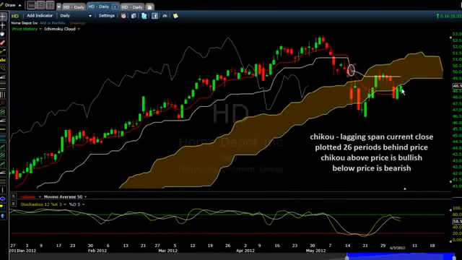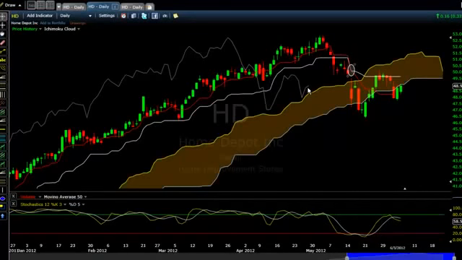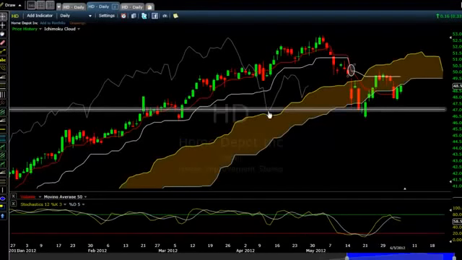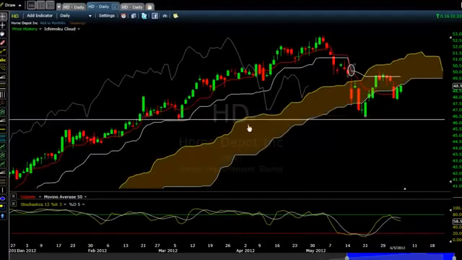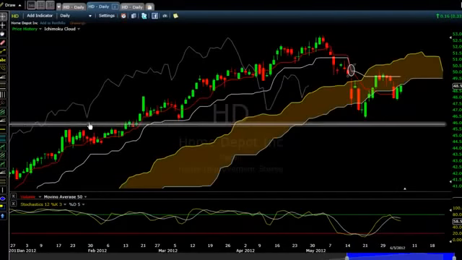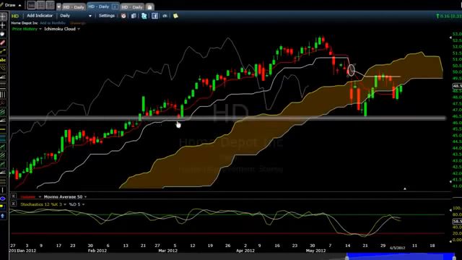So this closing candle here, that's the location of the Chikou, 26 periods behind. And what Chikou is used for is an area of support and resistance, likely bounce areas. So if you look back in the past, remember this is the closing price, 26 periods back.